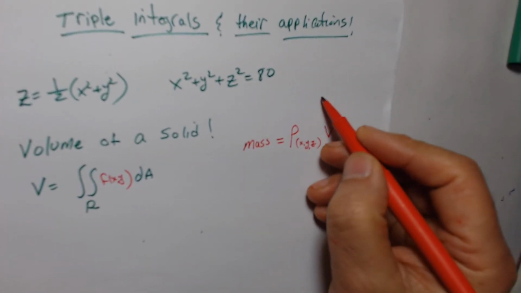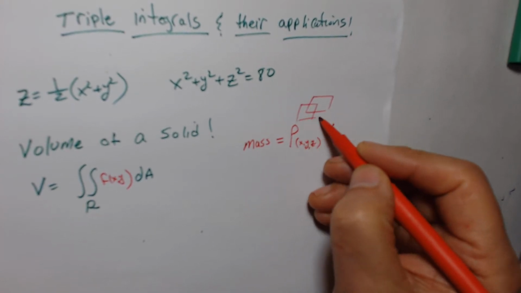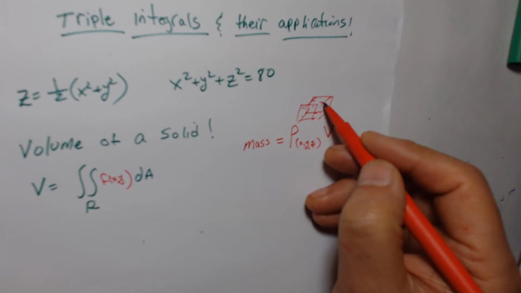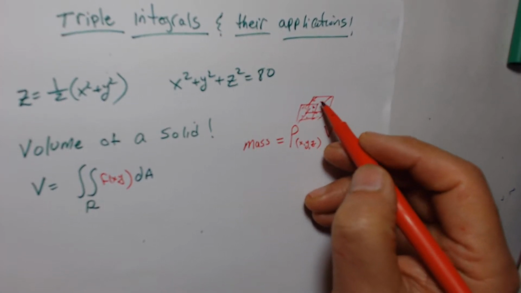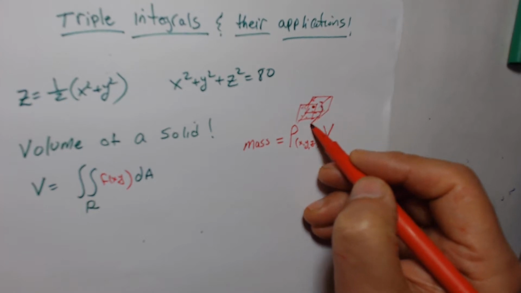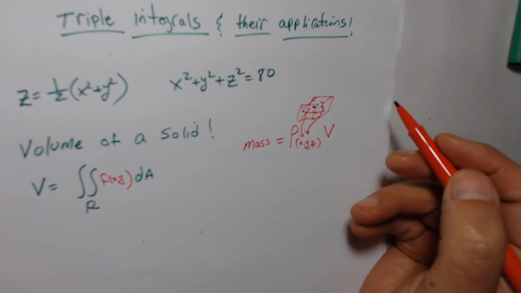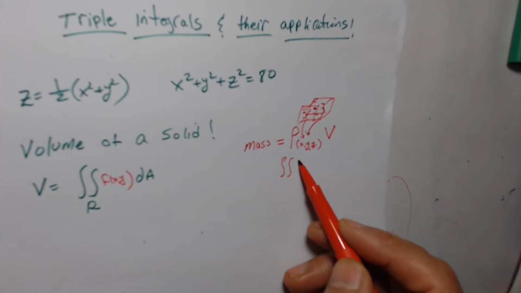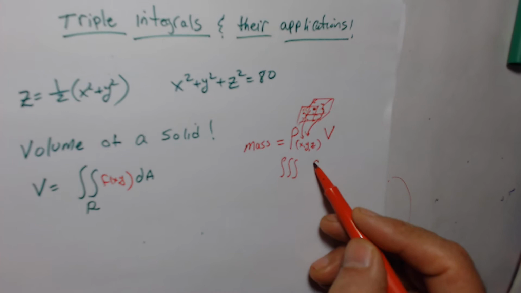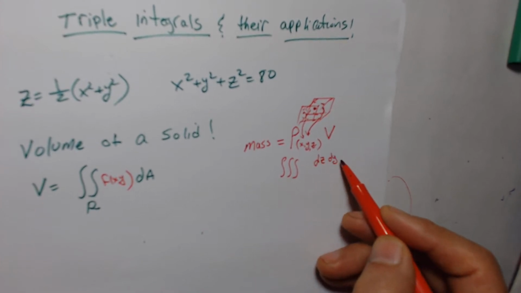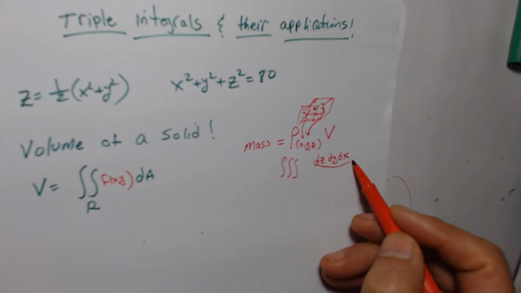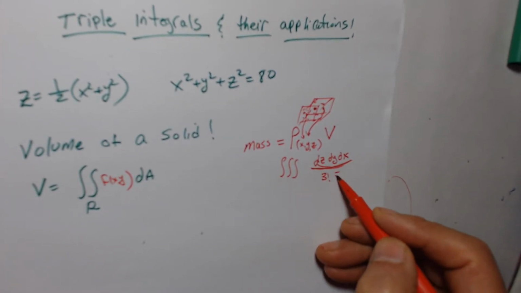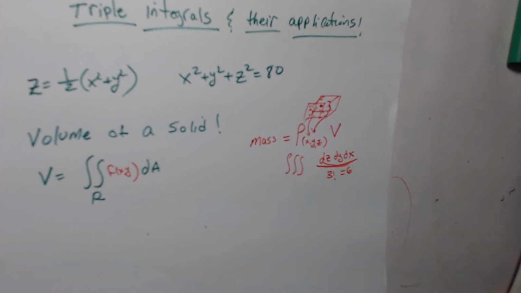And since in 3 dimensions the density depends on which location you are at, at any different location your density is different, so you have no other option but to use triple integrals, because you have to do it with respect to z and y and x, and you can also change this order because there are 3 of them. You can have 6 different ways this can be written.